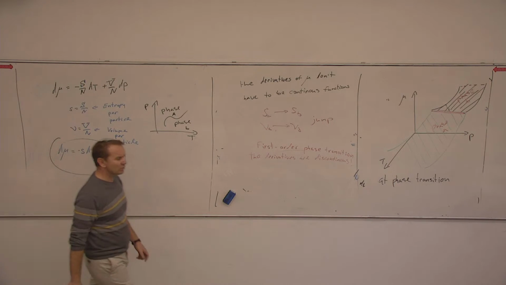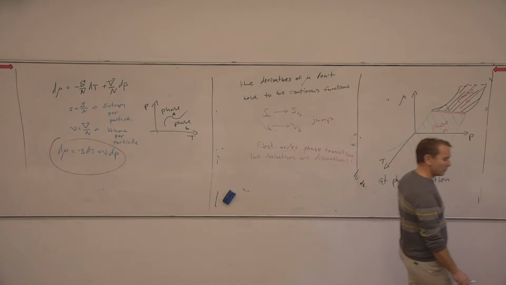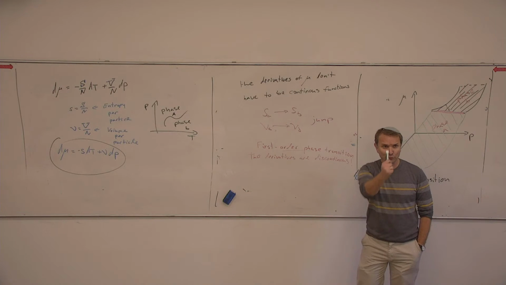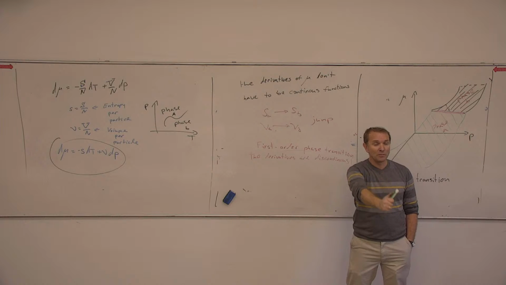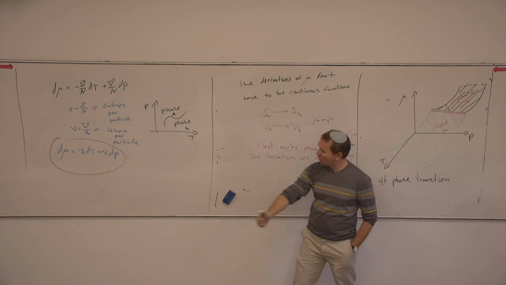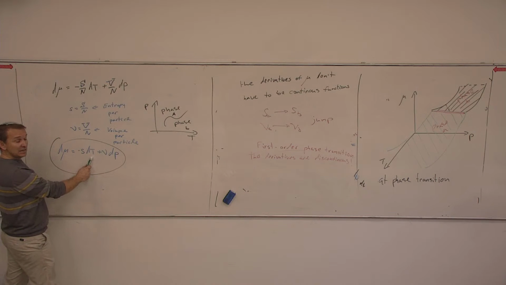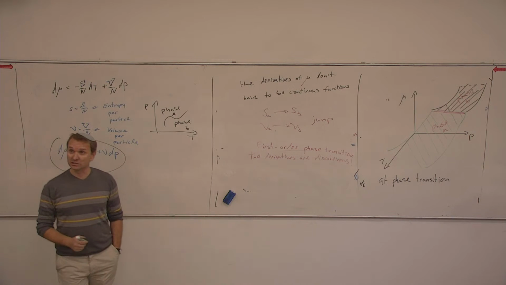What is a second order phase transition? The first order derivatives are continuous. But the second order derivatives of the chemical potential with respect to the intensive variables are going to be discontinuous.